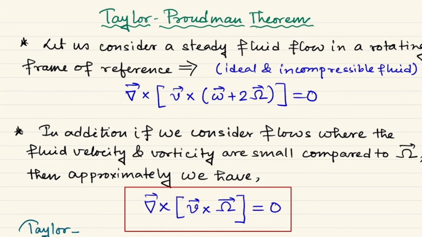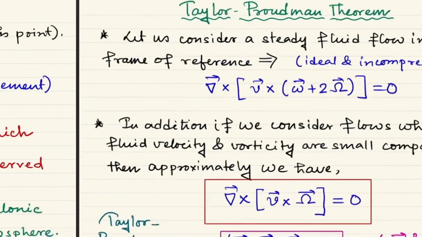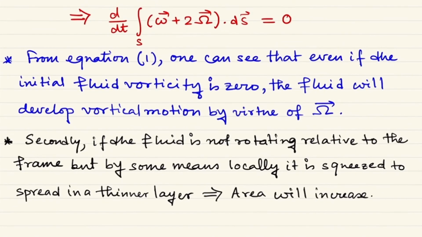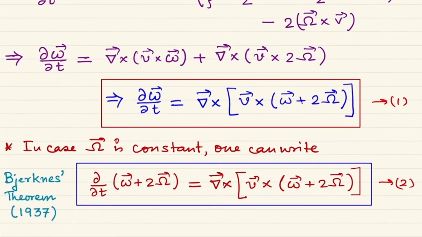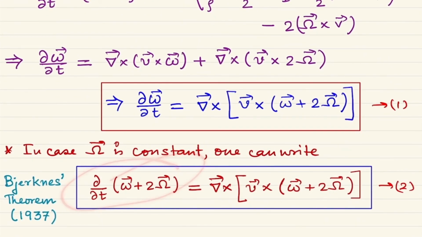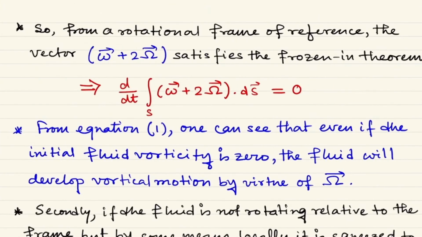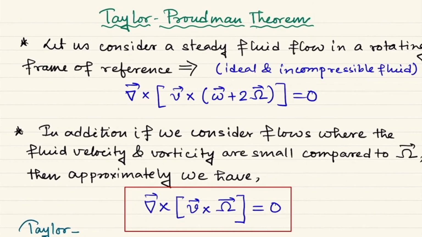We are always working with ideal and incompressible assumptions, so this term will be equal to 0, and that means this term should also vanish, and that's exactly what I have written over here. The curl of v cross (omega plus 2 capital omega) should be 0.